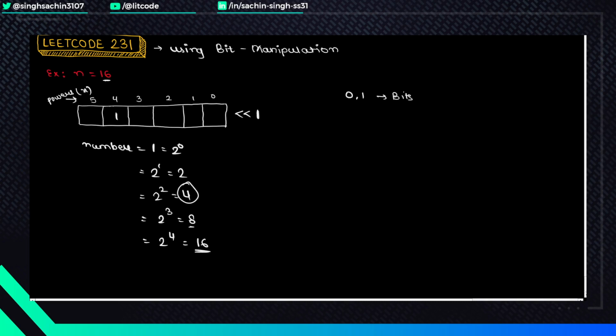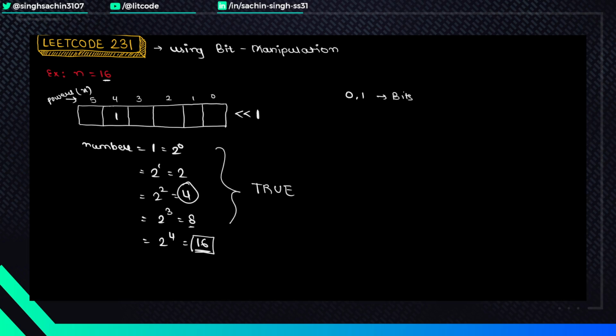Now the number we have and the number we were looking at are the same, so we can return true. But let's suppose we had 17 over here. We have already looked till 16. We found that 16 is a power of 2, but 16 is less than 17.